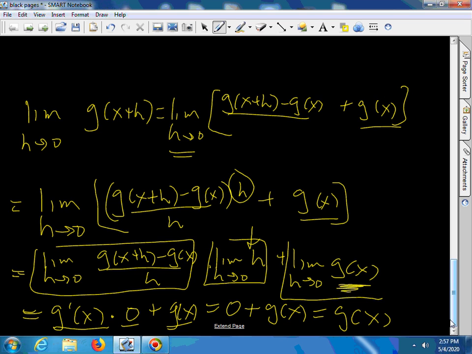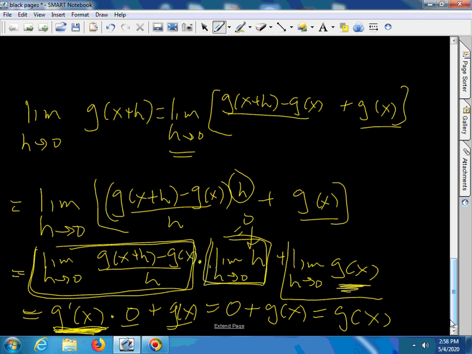I want to be very clear here. This had to be well defined. You can't say, oh, this is 0, therefore this times this is 0. That's not true. Infinity times 0 is not 0.